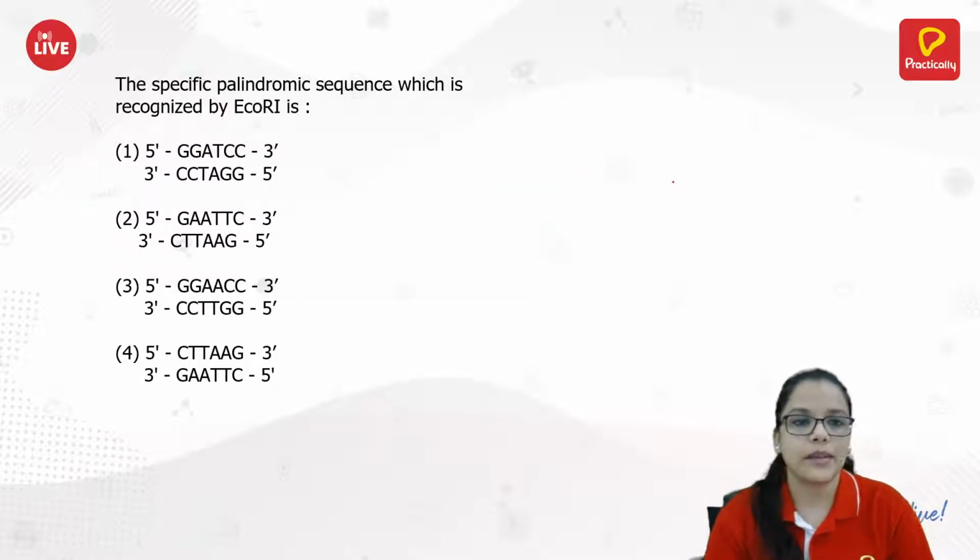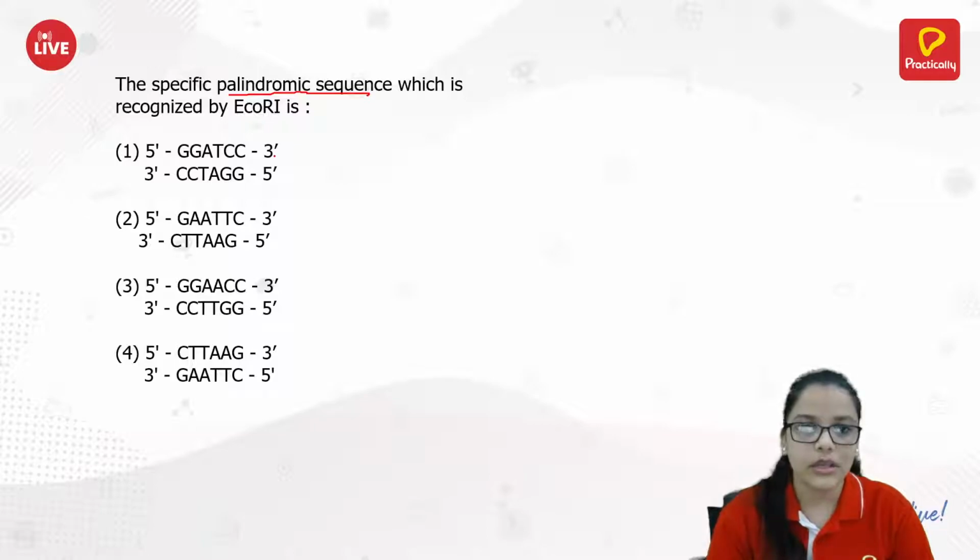Okay, next. The specific palindromic sequence which is recognized by EcoR1 is, okay, so here you can see that it is a palindromic sequence. Even if you don't know what it is, you can see that it will be palindromic in nature. Okay, here GGCC, GGCC. Okay, this can be palindromic. GAATTC, now CTTAAG.